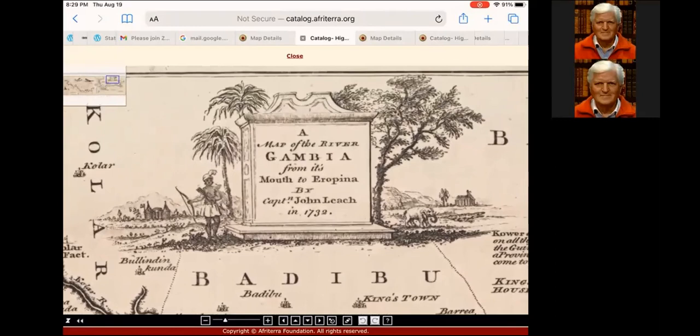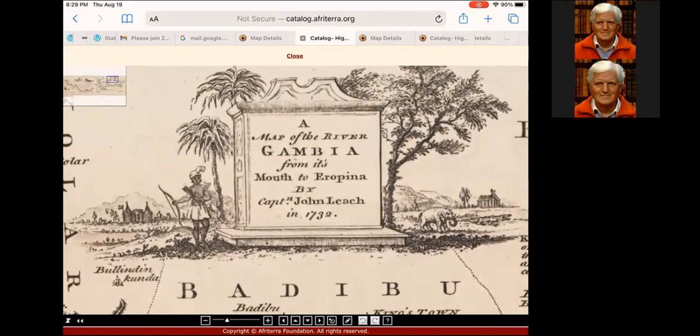1732. Now, the cartouches are not photographs. They're iconographic representations, often quite fanciful. Here, for example, we have no idea whether these bow and arrow representations with the person on the left represent real bows and real arrows that were in use at the time, or whether that's just the generic equipment for a native.